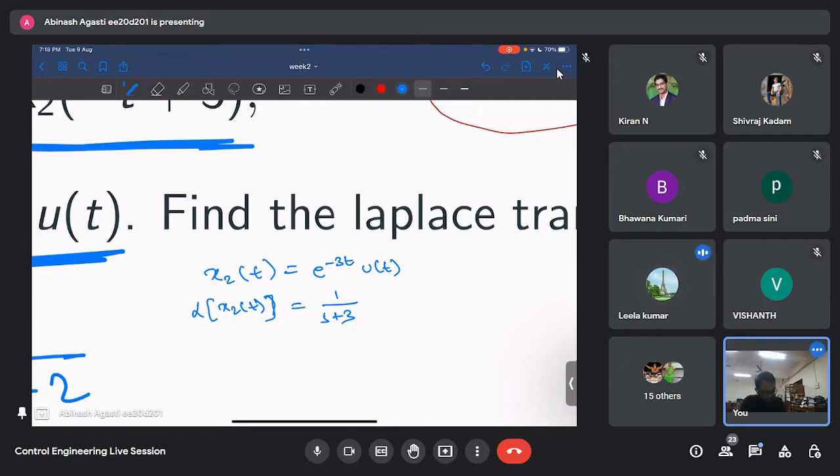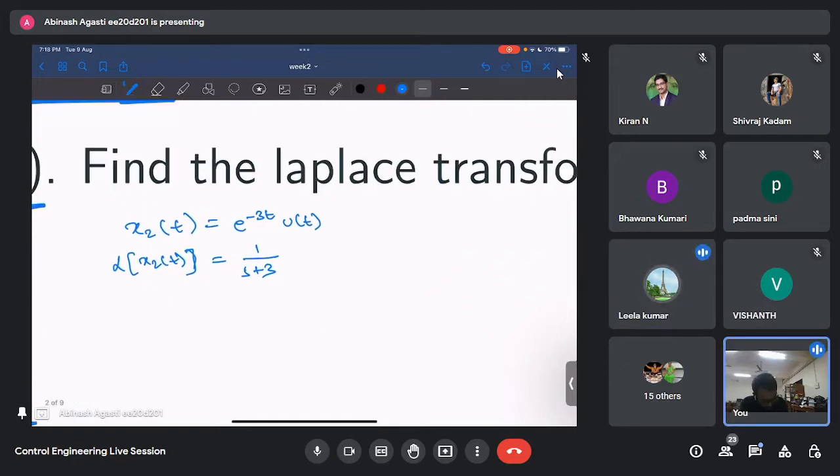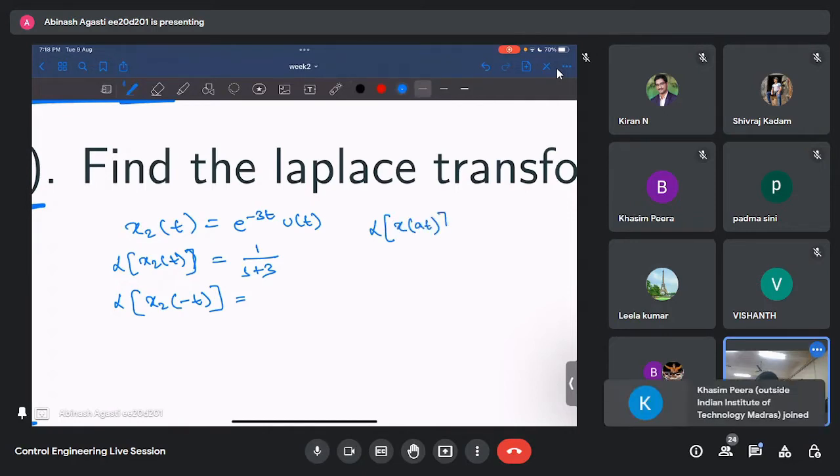Then next I want to find the Laplace transform of this thing. We'll write step by step. x of at is equal to 1 by mod a capital X of s by a.